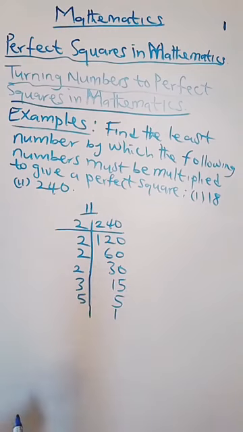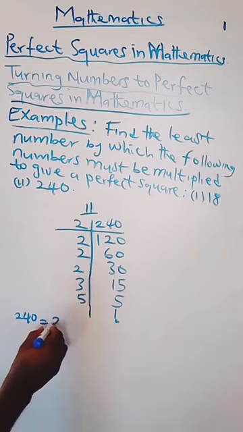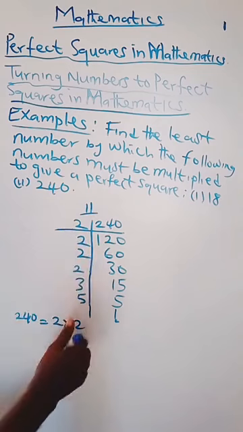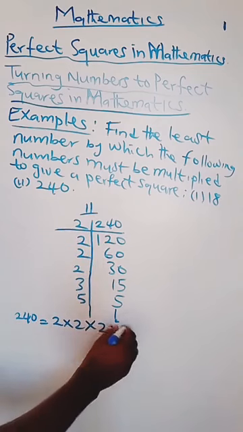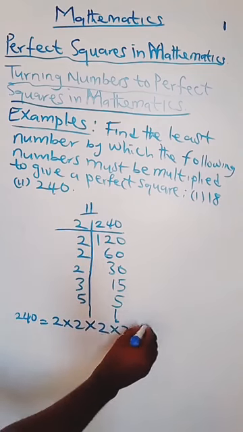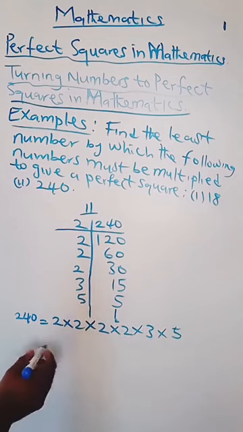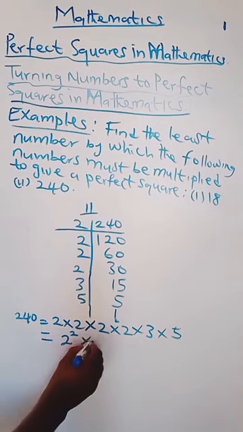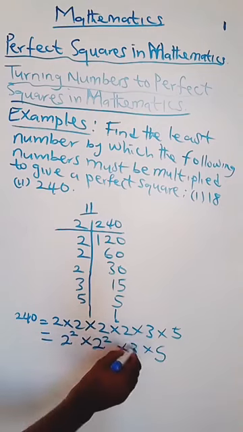When you reach 1, you can stop, right? 240 is 2 times 2 times 2 times 2, right? Times 3 times 5. Now let's arrange them in square. This is 2 raised to power 2 in terms of index form. This is also 2 raised to power 2 times 3 times 5.